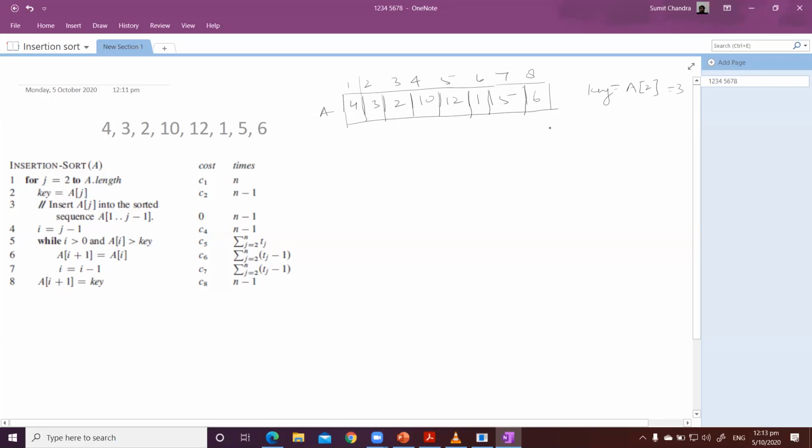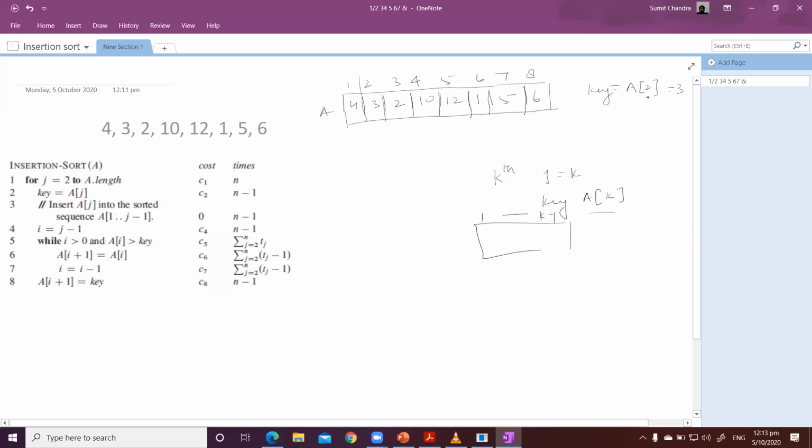Now what we'll do, there is a simple method. If we are at the kth index, if the j value is k, key will be equal to ak, and we'll compare ak with all elements from 1 to k minus 1.